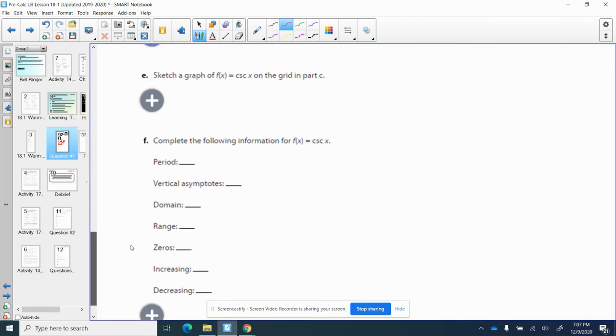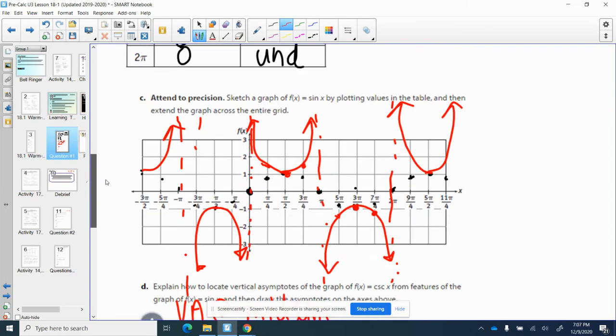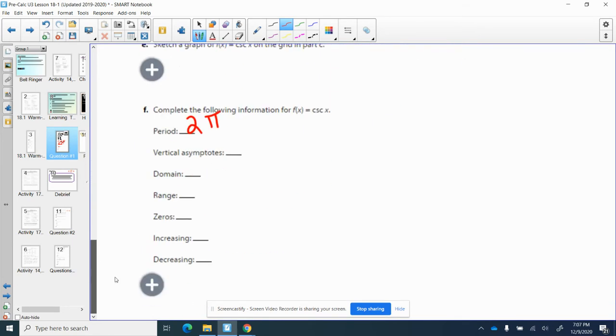Now some facts about the graph of cosecant. The period is still 2 pi, because notice we have one upward facing and one downward facing parabola before back to an upward facing parabola within 2 pi units.